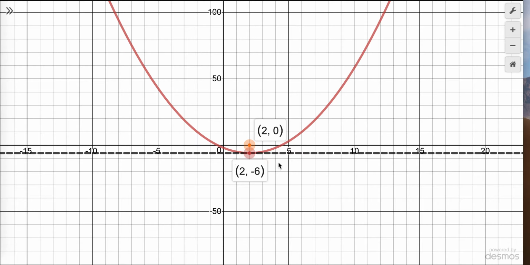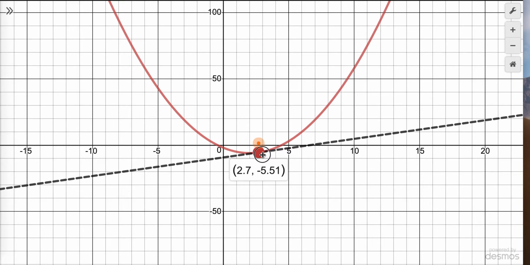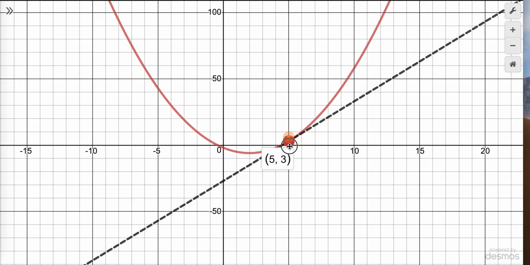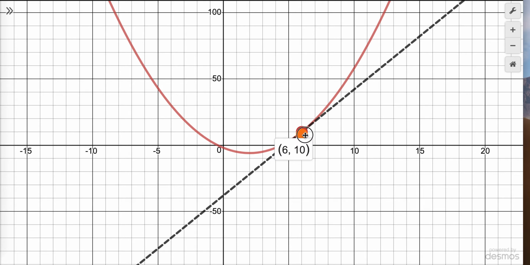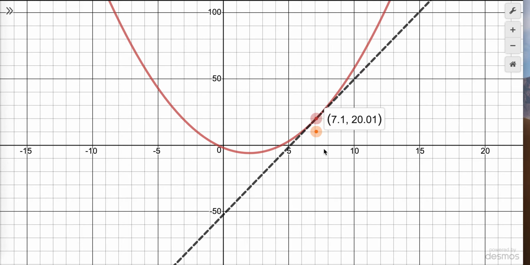My tangent line is horizontal, I get an x-intercept on my derivative, okay? So now my tangent line starts to become positive. I'm sliding it along, my slope is getting bigger and bigger, I'm becoming more vertical, bigger, bigger, bigger, right? I'm almost on top of the other point. Let me unclick this, right?